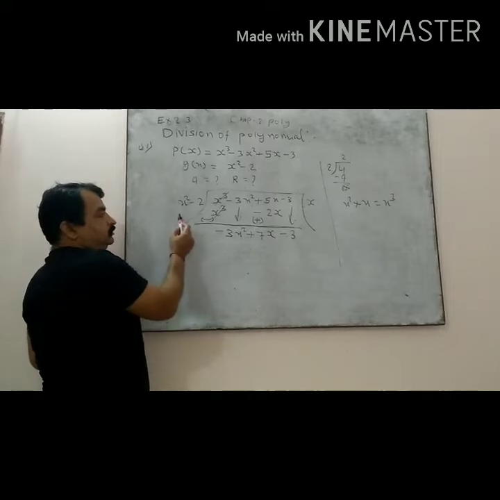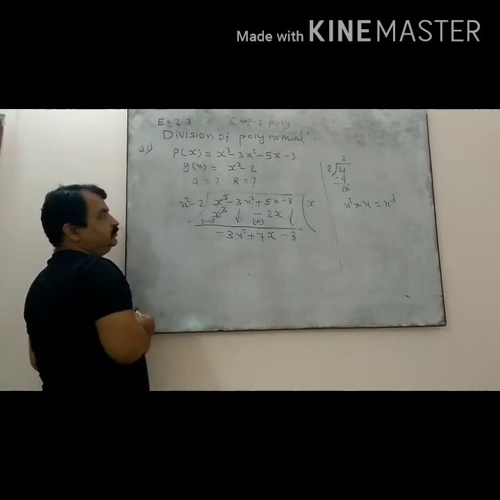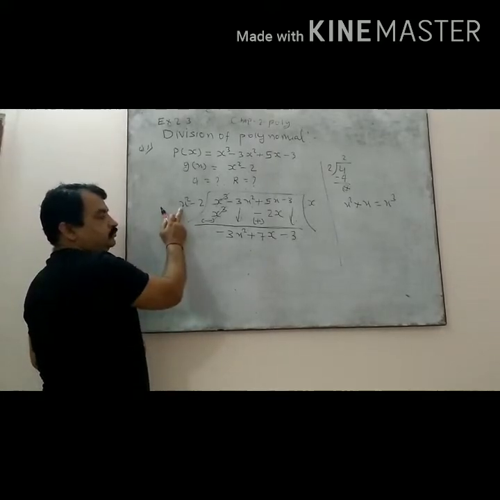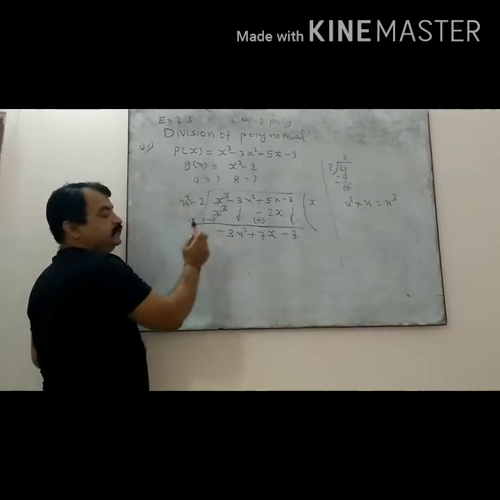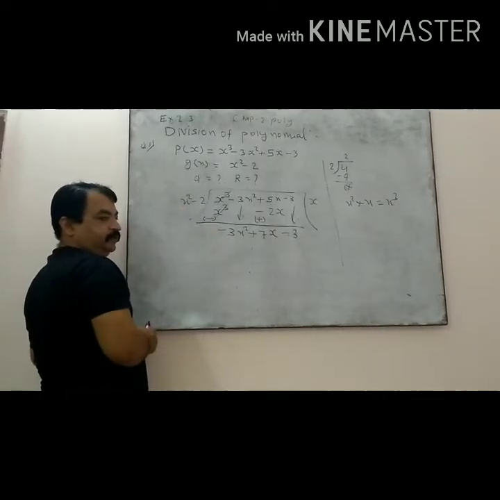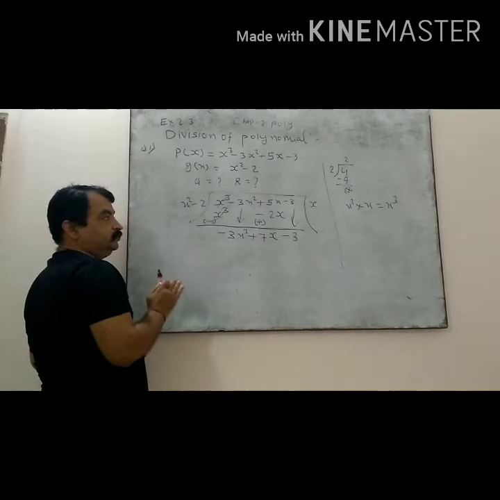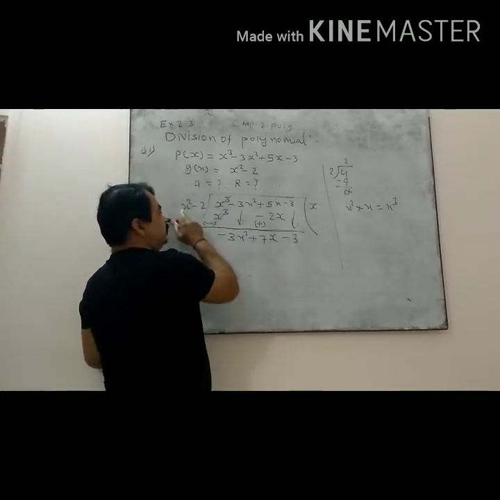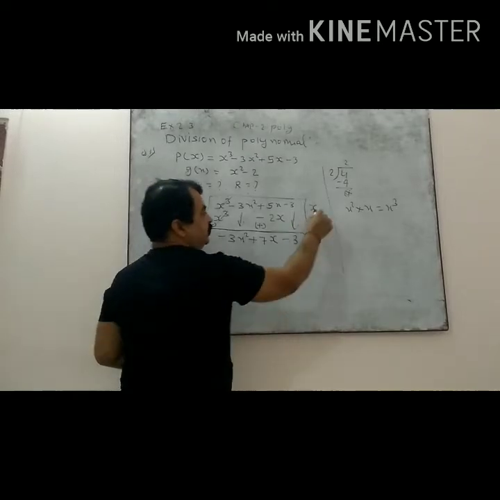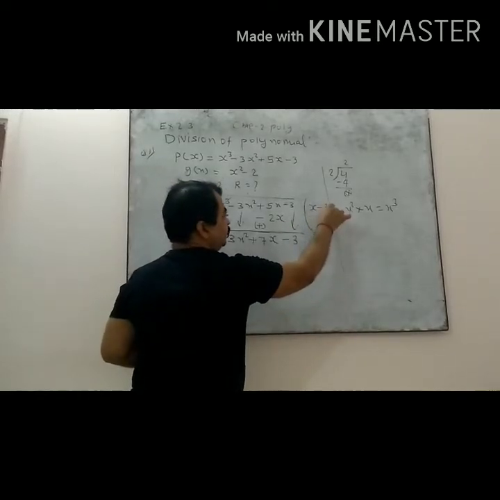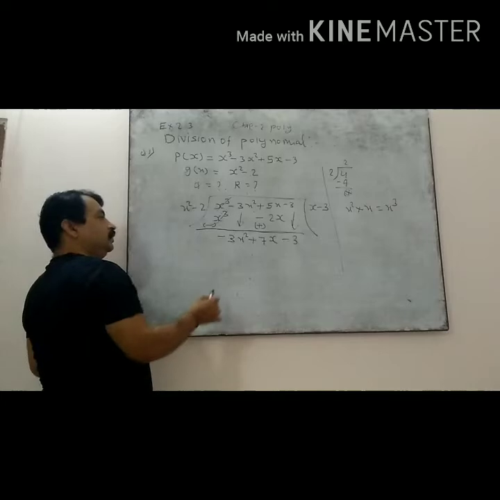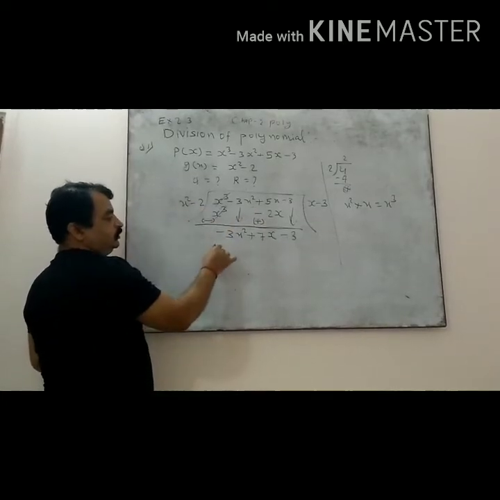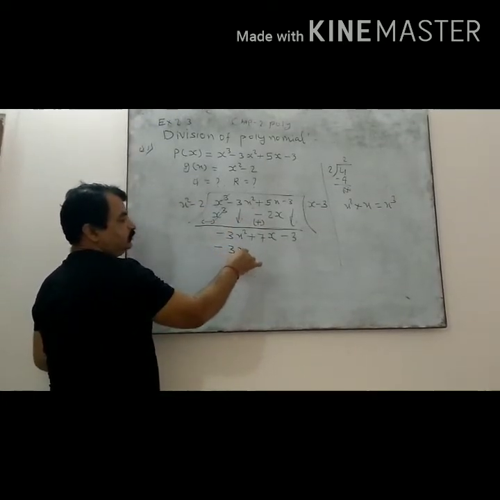Now again you make the questioning by yourself. What do you multiply in x square to get minus 3x square? The highest power we have to remove one by one. So definitely minus 3. You will write minus 3 times. Now see, minus 3 into x, what do you get? Minus 3x square.